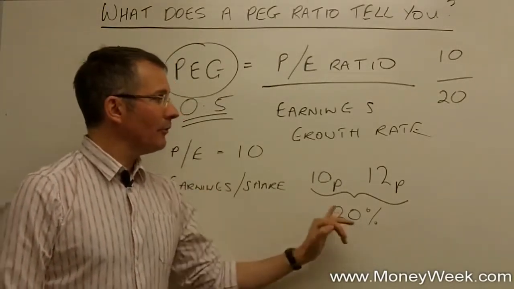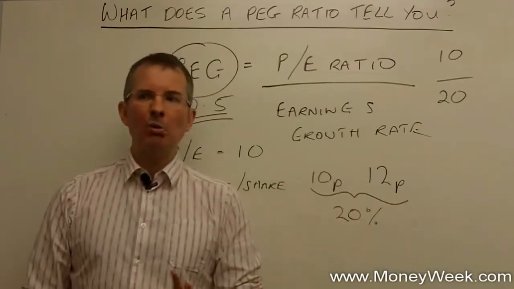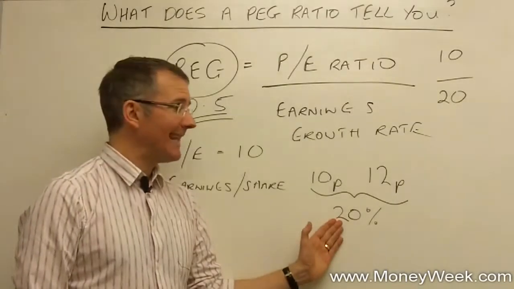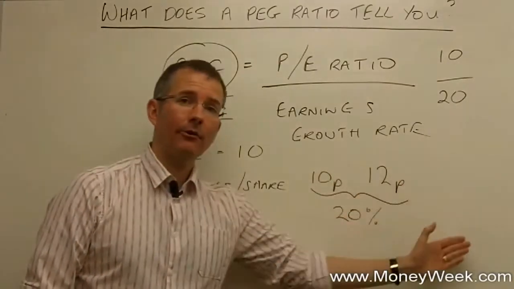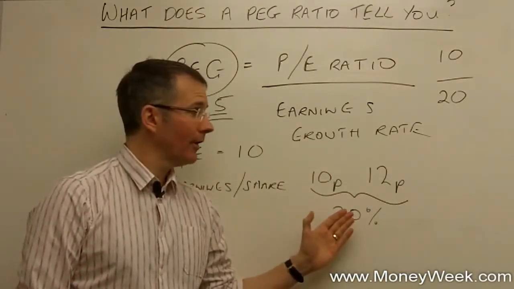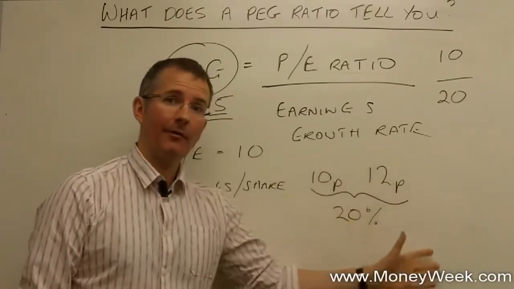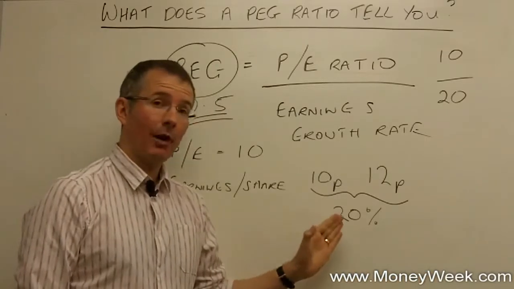Now, in fairness, to just look 1 year ahead is a little unambitious. A lot of PEGs are calculated by taking an average of the expected earnings growth rate over 5 years. Straight away, of course, you've got a problem, which is how do you know what earnings are going to be over 5 years? And the answer is you need a forecast.